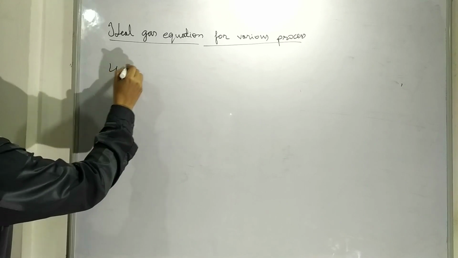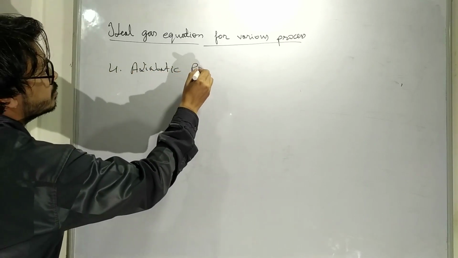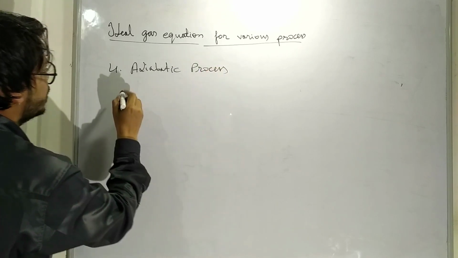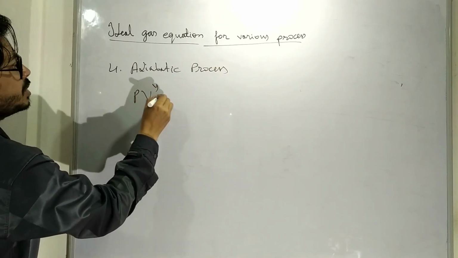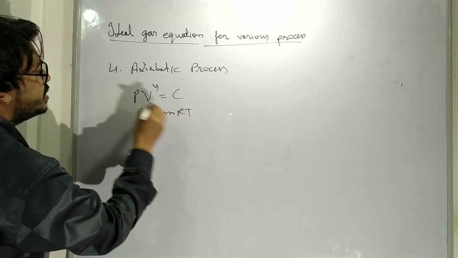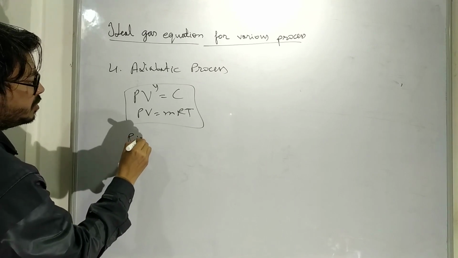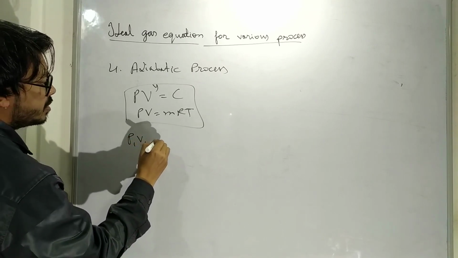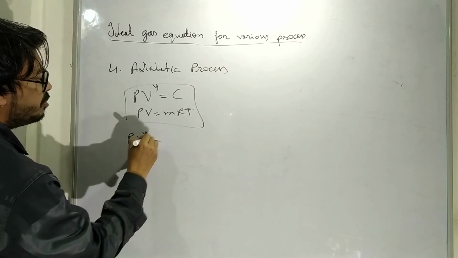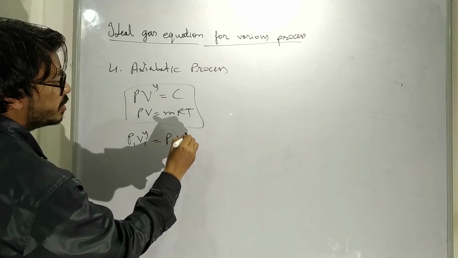Now fourth one is adiabatic process. Here we have PV^gamma equals constant and PV equals mRT. From these two, we have P1 V1^gamma is equal to P2 V2^gamma.